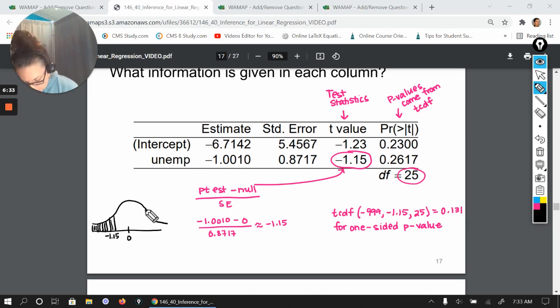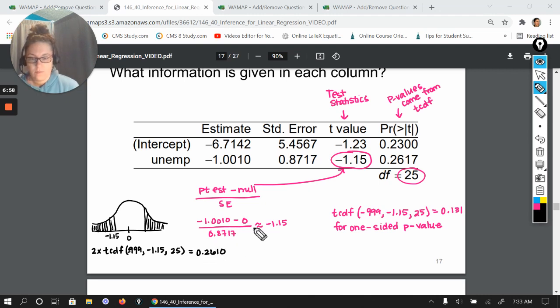If we go equal distance on the right and measure that tail, then the two-sided p-value, 2 times tcdf of negative 999, comma, negative 1.15, comma, 25, we would get 0.2610. Okay, and that's the value that you see here.